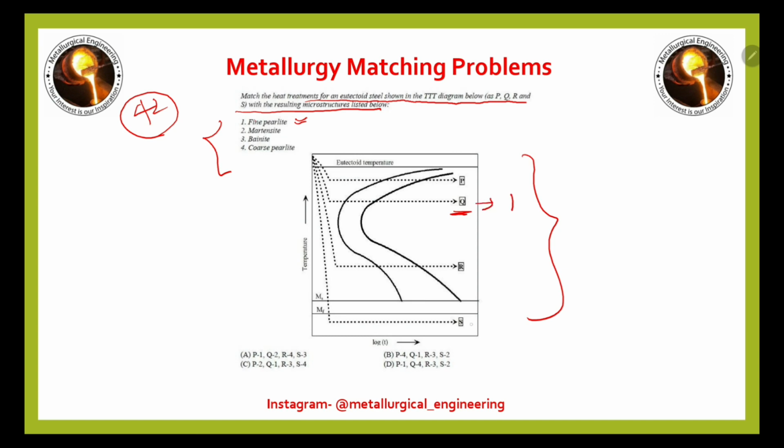Martensite will give S, so S is 2. Bainite, this R, will give 3, and then P is 4. So P4 Q1 R3 S2, and the answer will be B here.